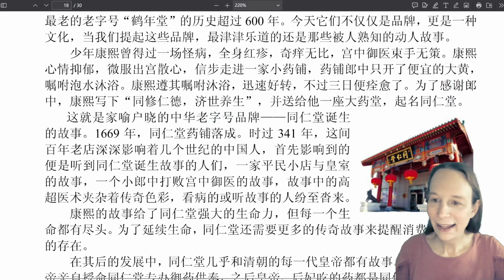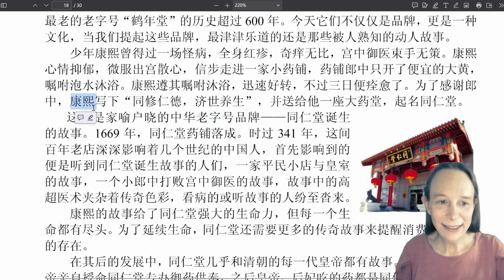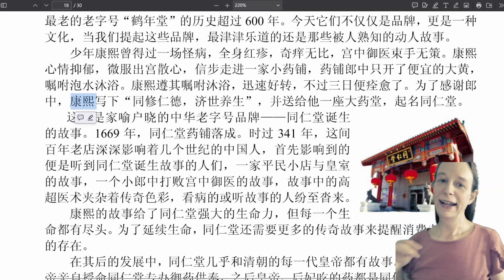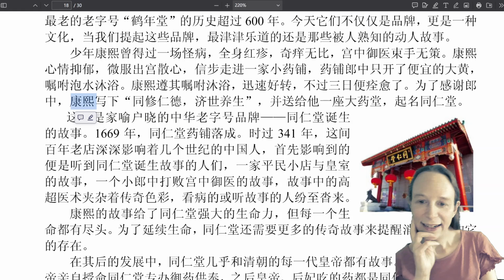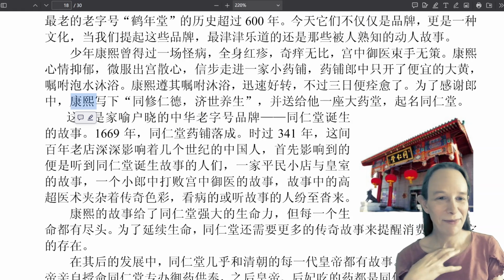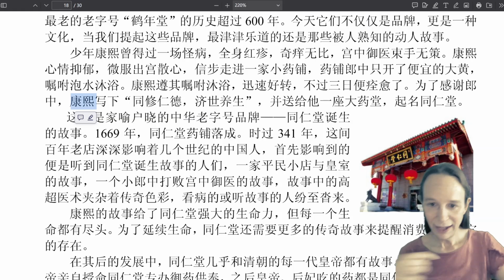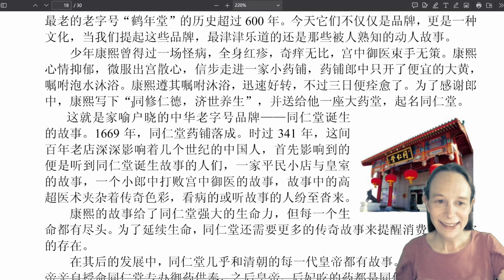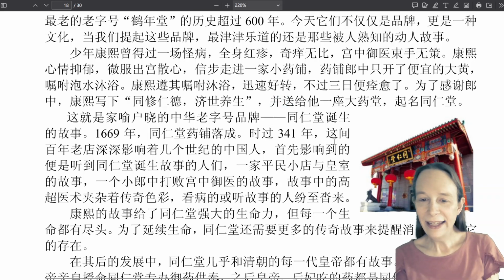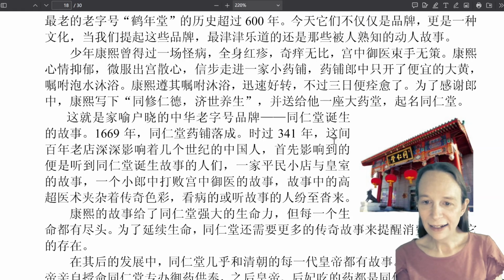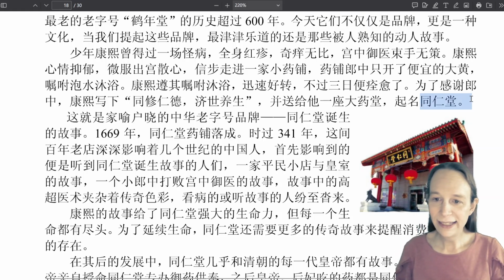为了感谢郎中, Kangxi used to be the emperor. He's known for the Kangxi 字典, or at least I remember him from this. He's probably famous for many other things. 康熙写下同中仁德济世养生并送给他一座大药堂起名同仁堂.